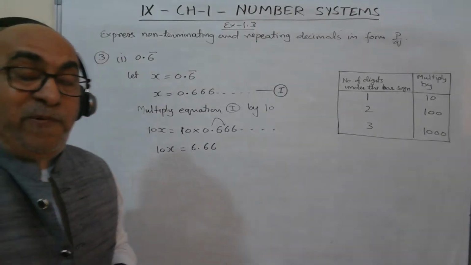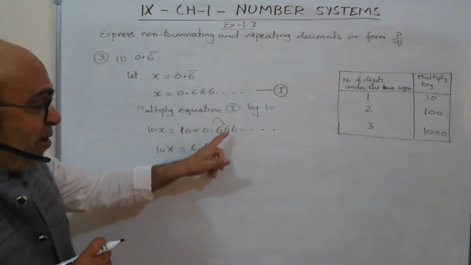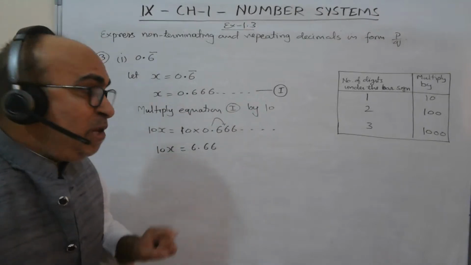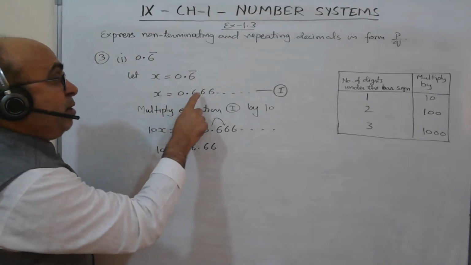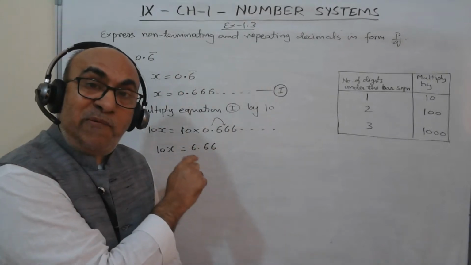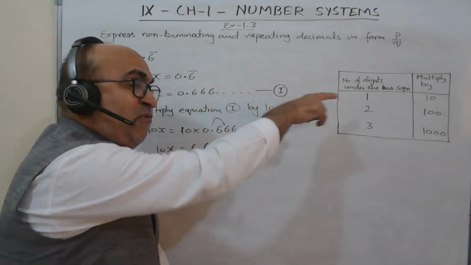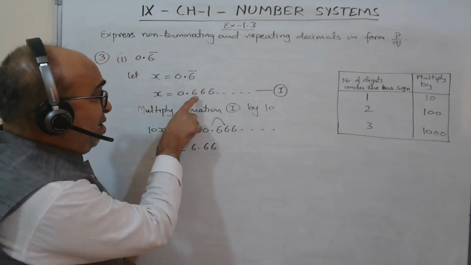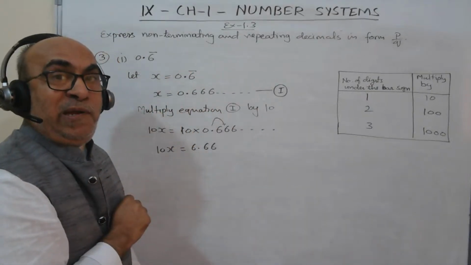But here, a very important thing. When the decimal shifted, now we have only two 6s remaining. Then you see the number of digits after the decimal: 1, 2, 3. Then here also you have to write the same number of digits after the decimal, 3 digits. Actually, there are infinitely many digits after the decimal, but we wrote 3 digits out of infinitely many.